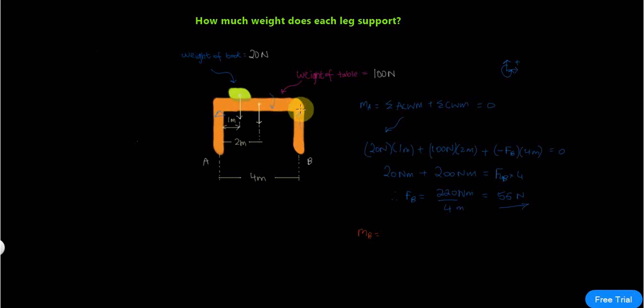Now these two masses would be rotating around this fulcrum, creating a clockwise moment, and therefore leg A would have to initiate an anti-clockwise moment in order to keep equilibrium. So again, the sum of all anti-clockwise moments plus the sum of all clockwise moments has to sum to 0 in order to maintain static equilibrium.